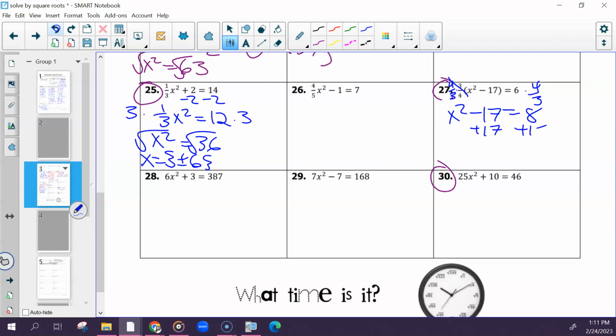Add 17 to both sides. Take the square root of both sides. Plus or minus. So I'll do that, distributing in 1 second. So it is better to multiply by the reciprocal. Yeah, that's my go-to, but that's not the only way.